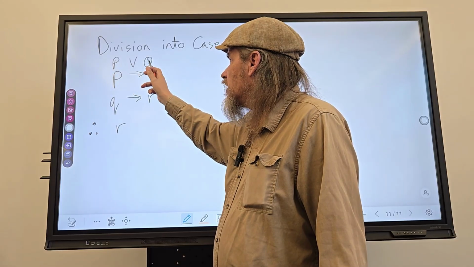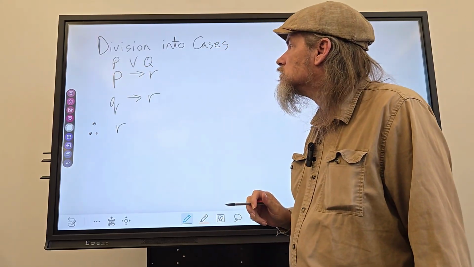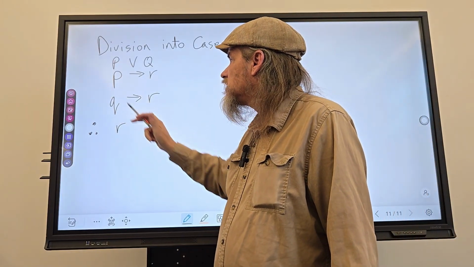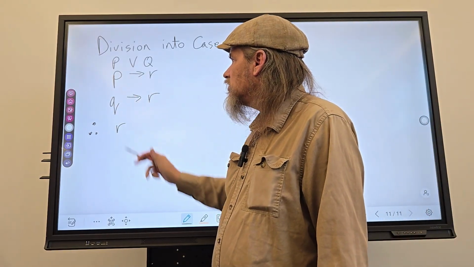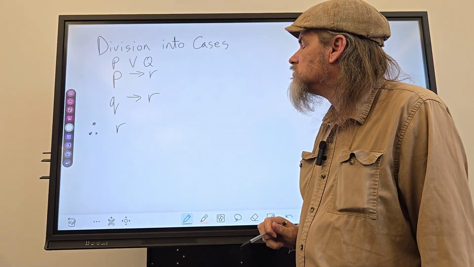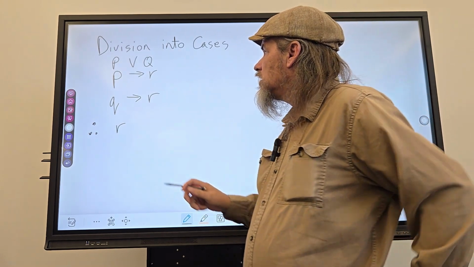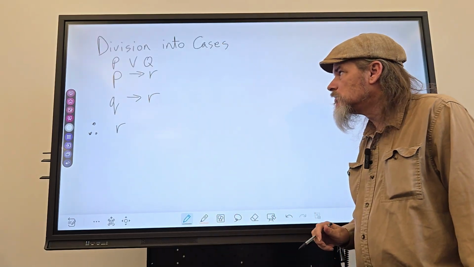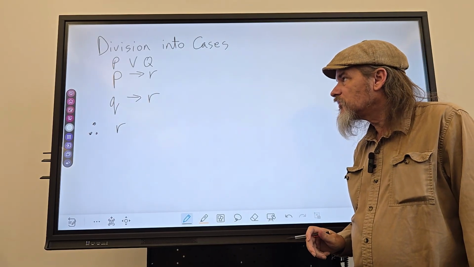One or the other of P or Q must be true, so at least one of these implications is not true by default, and therefore the result R must also be true.